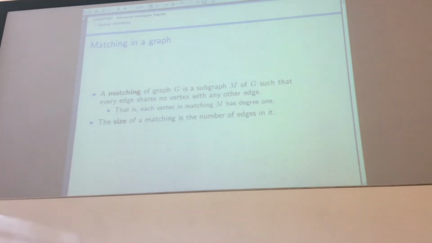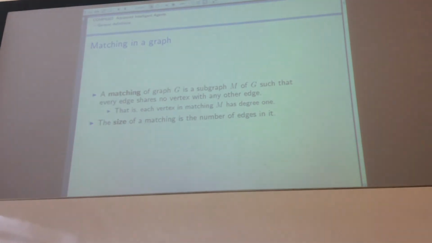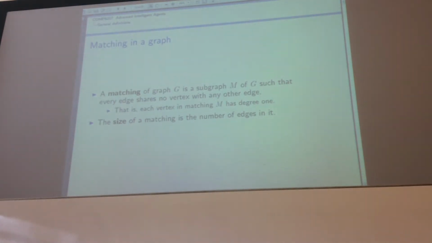This is the last topic for the exam for you, and we talk about matchings today, which is another example of mechanisms without money, as voting was.